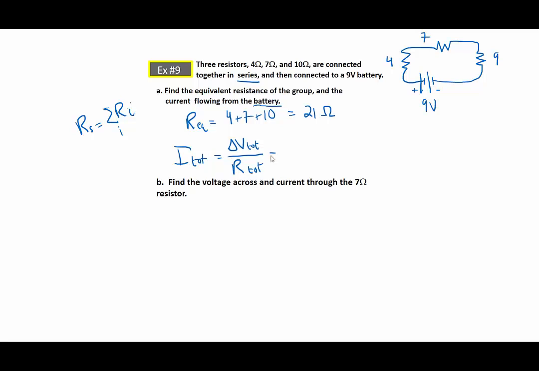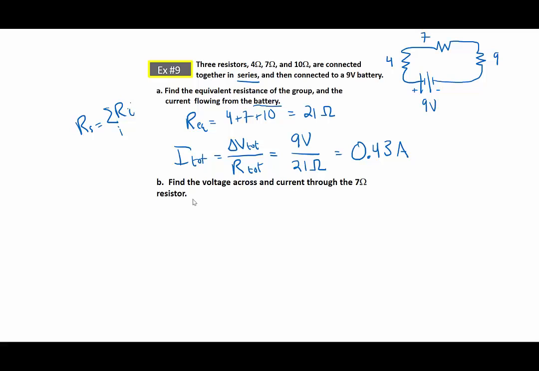Okay, well, I know that the voltage provided by the battery, the total voltage, is 9 volts, and I know that the total resistance we just calculated with all 3 resistors in a row is 21 ohms. So much less current is going to be flowing through this circuit than would be if they weren't stuck in a row, because you've got 3 obstacles in a row. So it's like 3 little stoplights, and the total current is going to be equal to 0.43 amps.